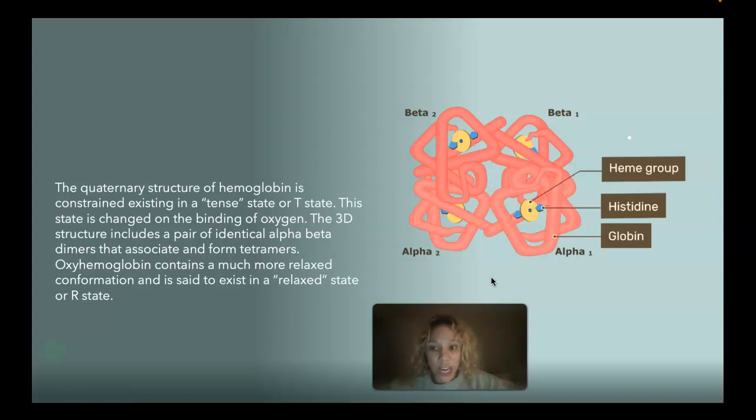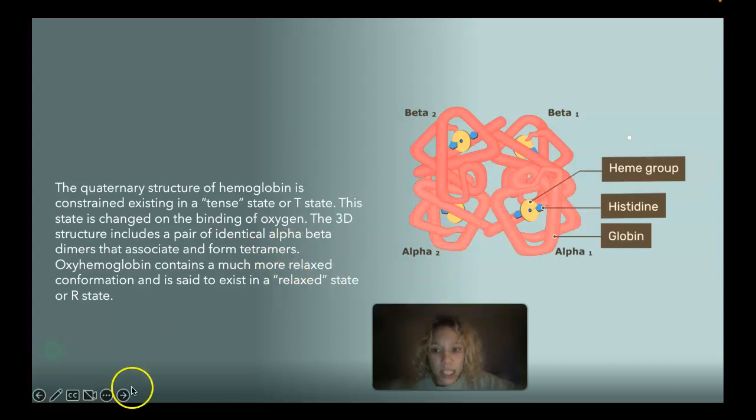This state is changed on the binding of oxygen. So this 3D structure includes a pair of identical alpha-beta dimers that associate and form tetramers. So I put this image here so that you guys can see that there's alpha 1, beta 1, alpha 2, and beta 2. When the oxygen is not bound to the heme, it is considered to be in the tense state.